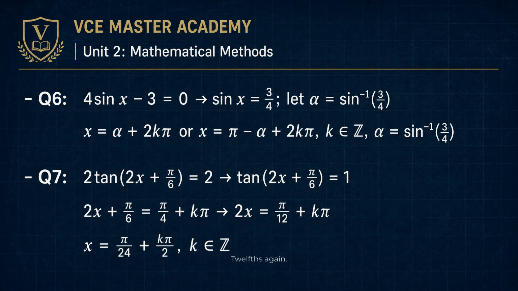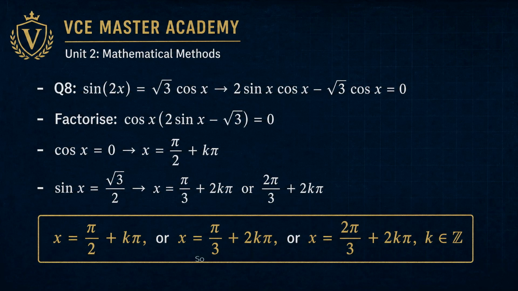Twelfths again. 3/12 minus 2/12. Pi over 12. So, 2x equals pi over 12 plus k pi. Divide everything by 2. X equals pi over 24 plus k pi over 2. K is any integer. Small fractions. Steady hands. Same method.